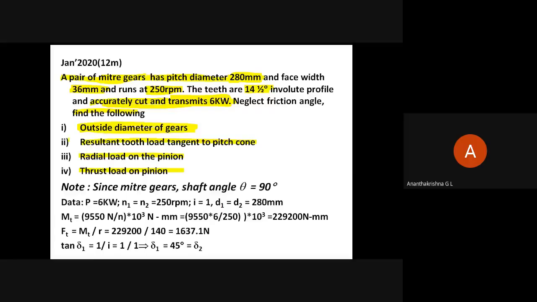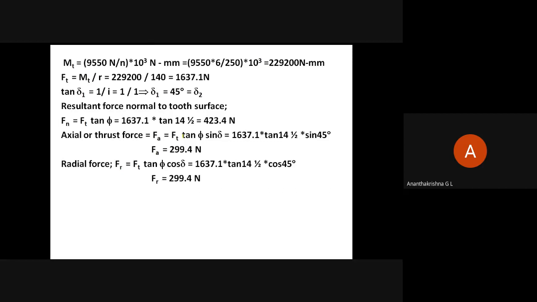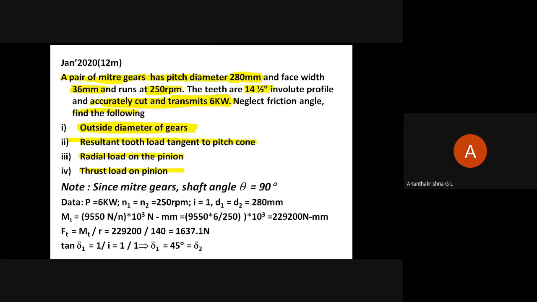We need to find the outside diameter of gears. For that you need to find the module. I missed that over here, because addendum will be equal to one time the module. Anyway, let's look at that later. So resultant tooth load tangent to pitch cone, radial load, and thrust load.